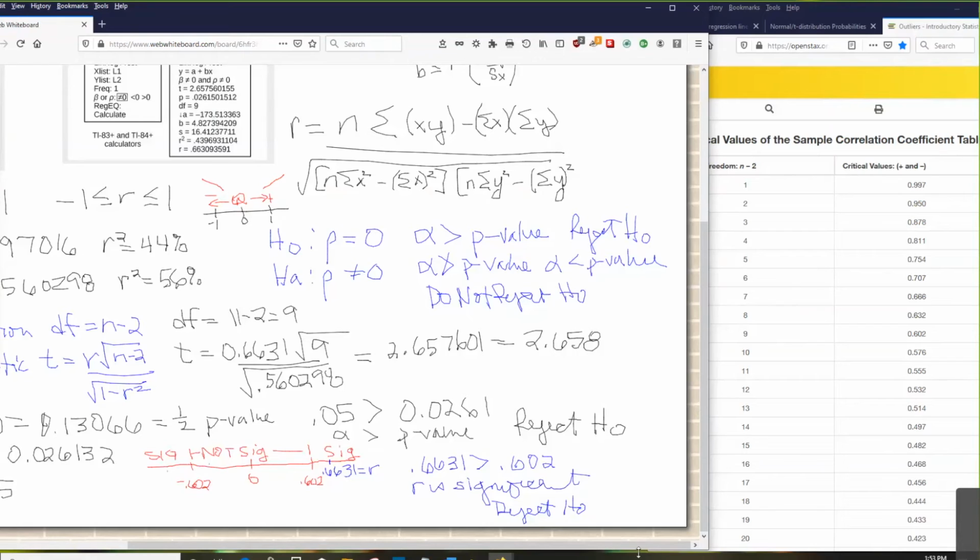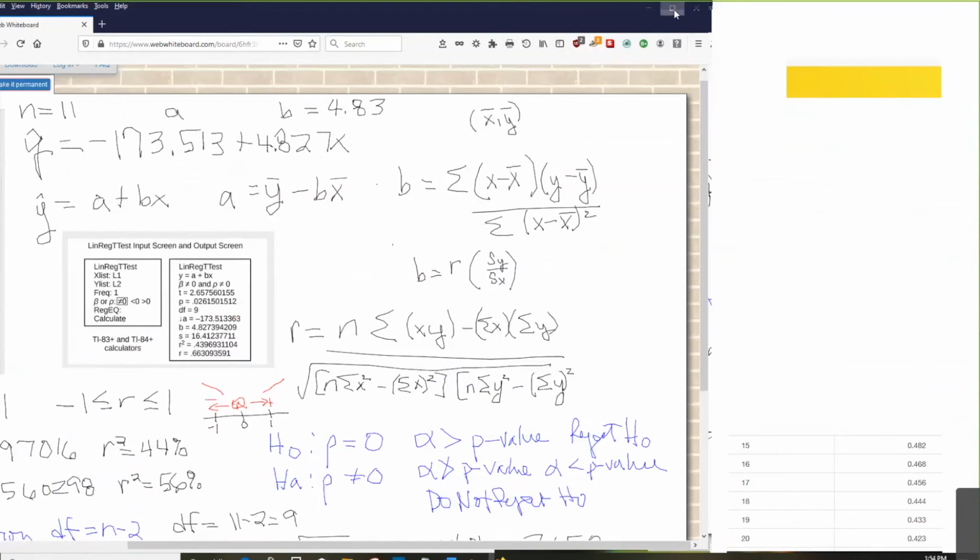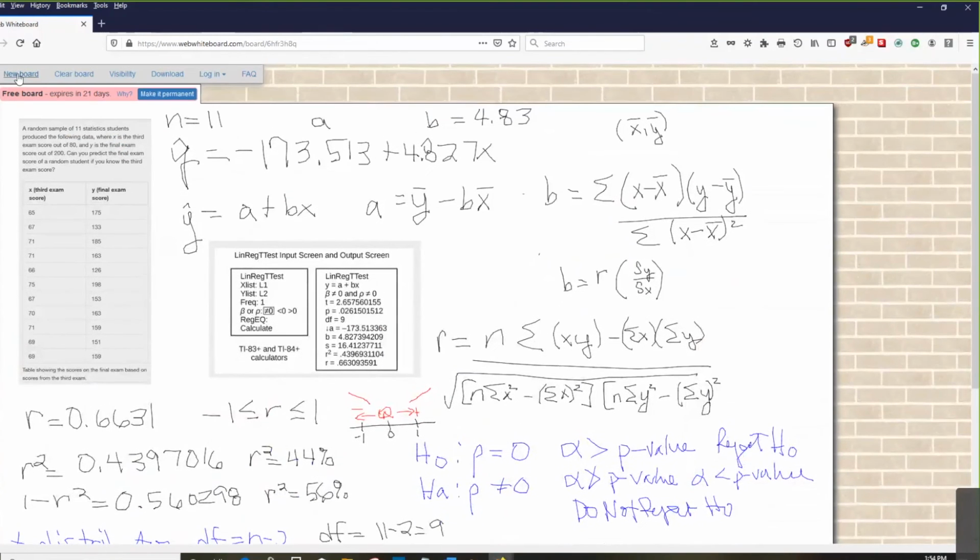Any questions about how to use the table to determine whether or not R is significant and whether or not you should reject the null hypothesis? Okay. Any questions about anything we've gone over so far? Okay. So I'm going to get a new whiteboard, and then we'll move on to prediction and outliers.